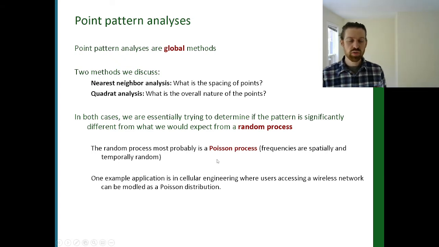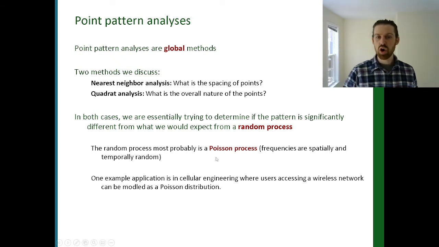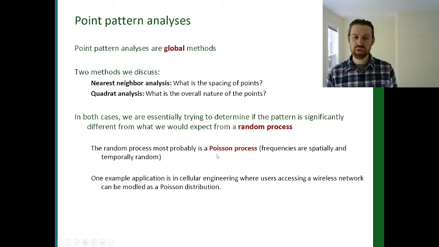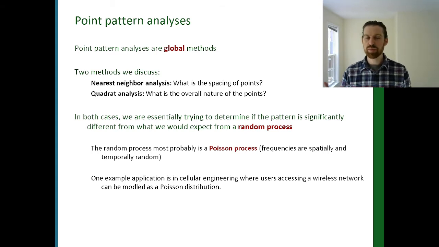So one of the ways that random processes are often characterized, when we think both spatially and temporally about randomness, is via the Poisson distribution. Okay, and we covered Poisson distributions previously when we focused on probability. One of the ways that I've engaged with this previously in spatial analysis is when assessing the usage of a wireless network.